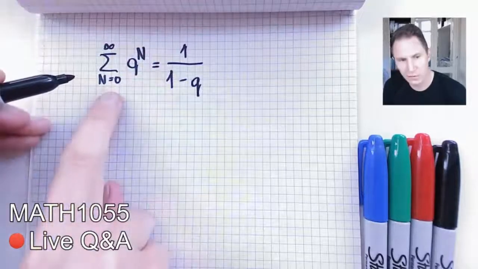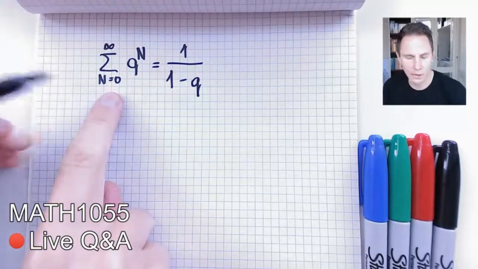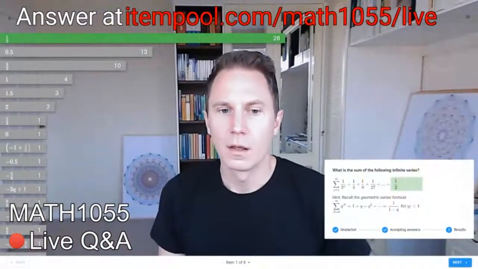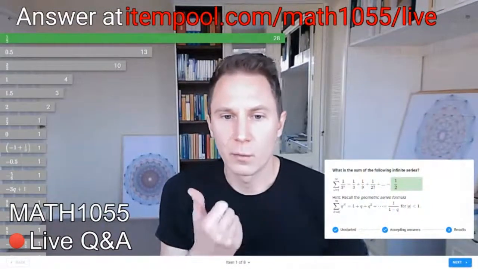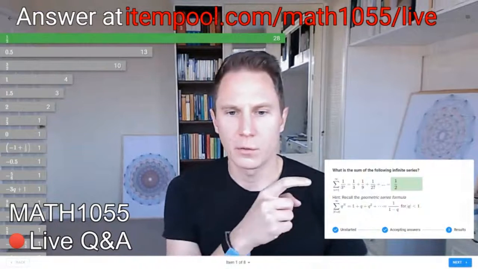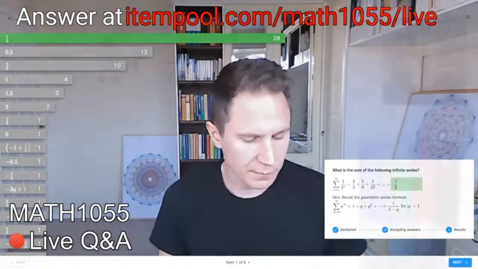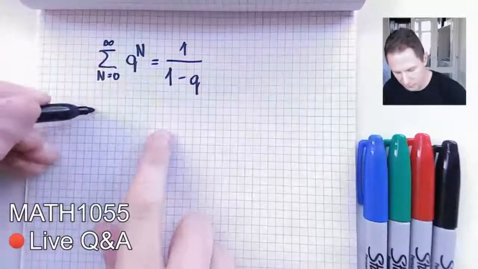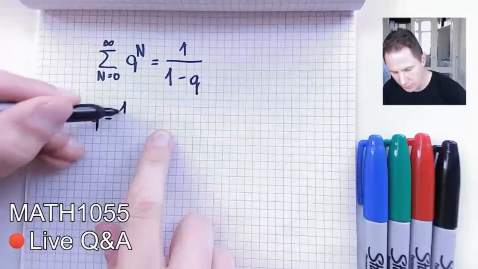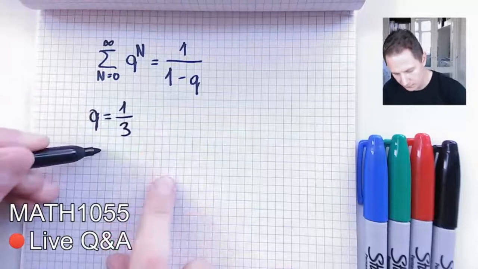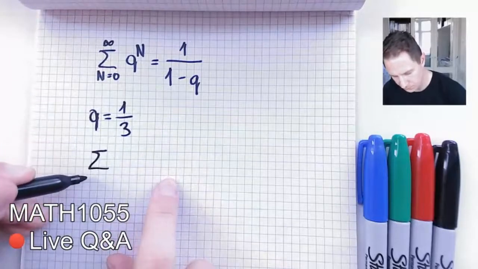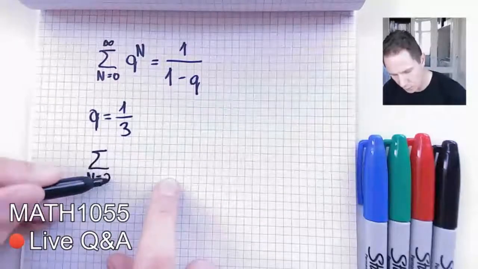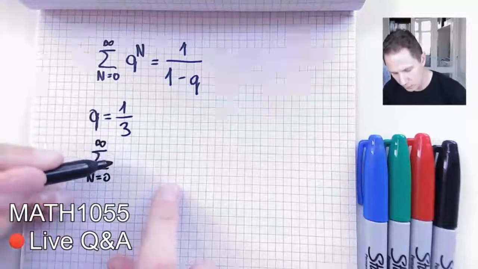And notice that we don't start at 0 in this problem of ours, but we started with n equals 1. So that's why we have to take this expression with q equals 1/3. So I go from 0 to infinity with little n.